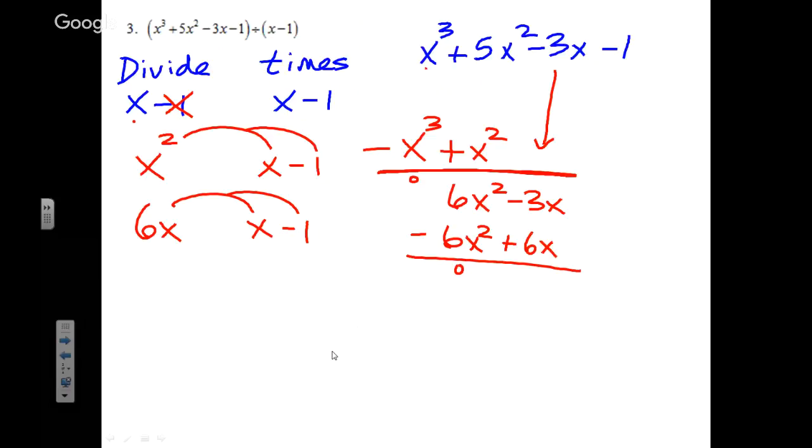5x plus 6x is 3x. Bring down the next thing for my little brother. Start over. It's always about the first thing, and we're always dividing by x in this problem. 3x divided by x is 3.